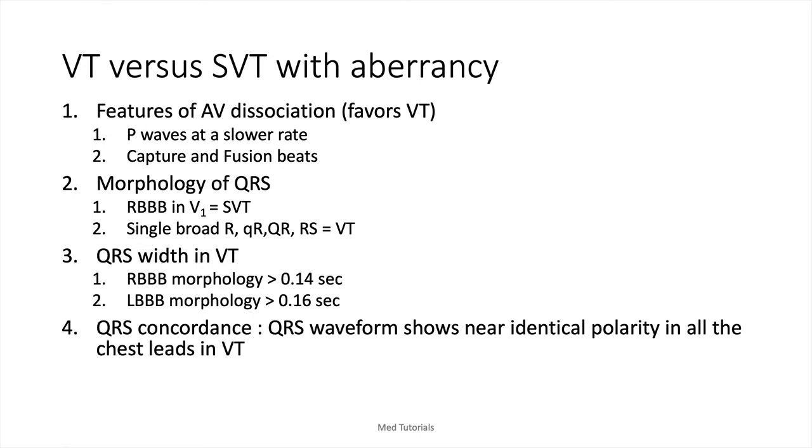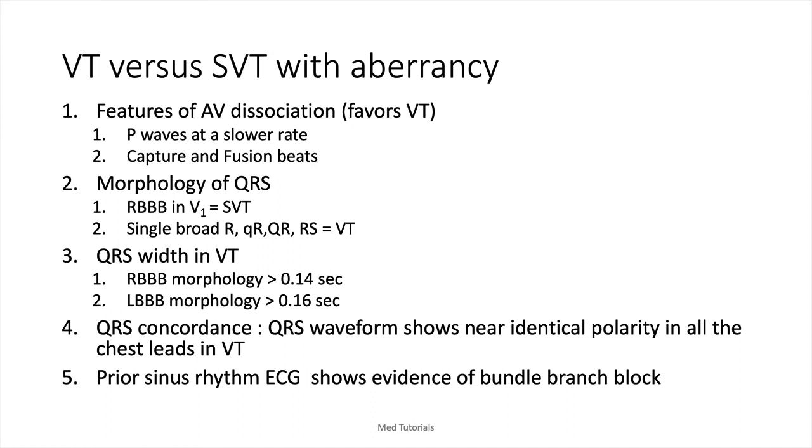Another important differentiation might be QRS concordance. That means the QRS waveforms show near identical polarity in all the chest leads in VT. Now, if you have an old ECG which shows the presence of bundle branch block, and now the patient has come with tachycardia showing broad complexes, then it's probably an SVT with aberrancy, because he has an old ECG showing a bundle branch block.